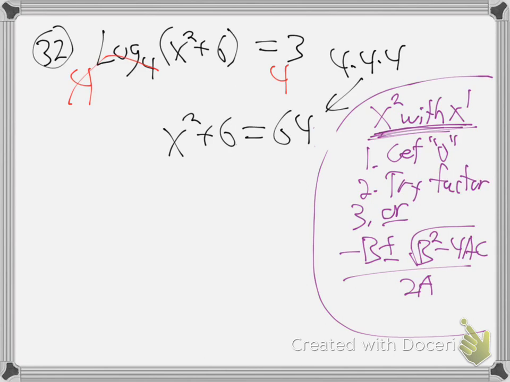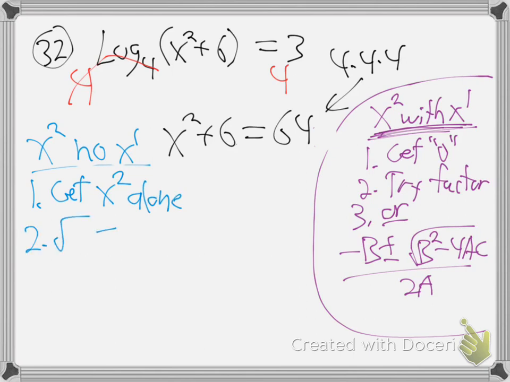But if you just have x squared and no x to the first power, that's easier. Just get x squared alone and then put a root and a plus or minus root over the sides.